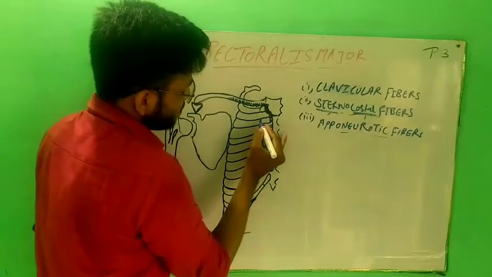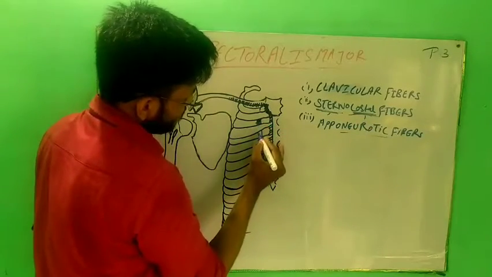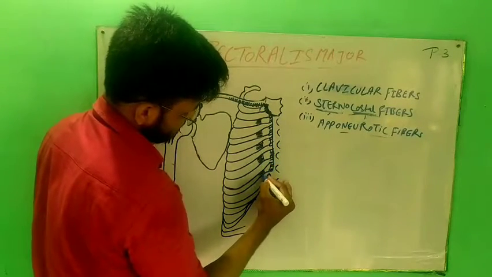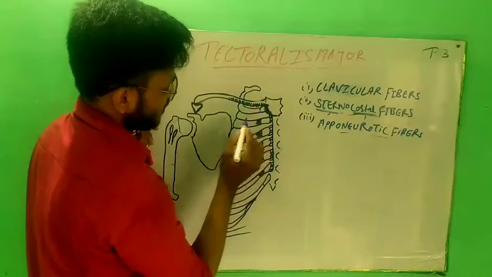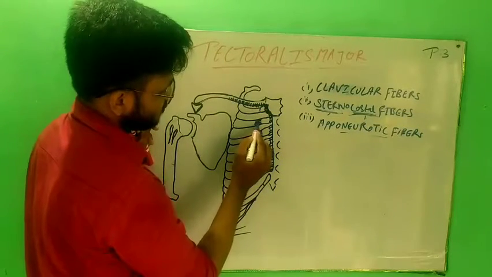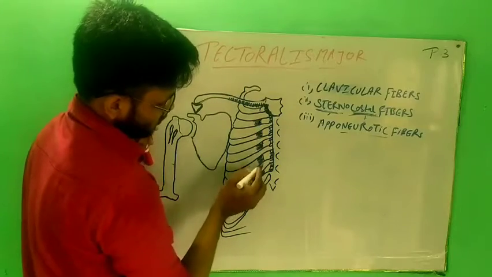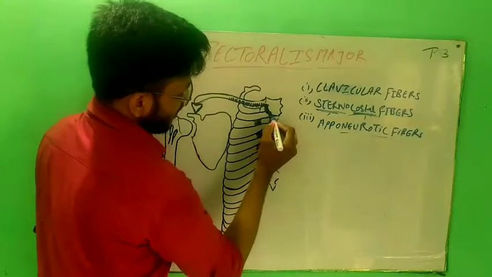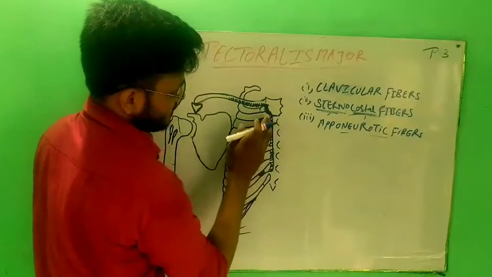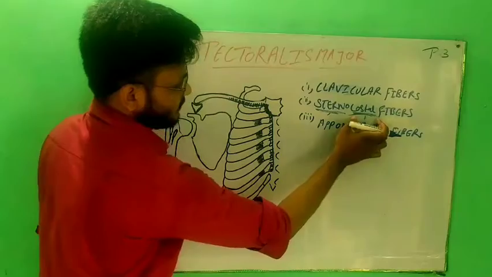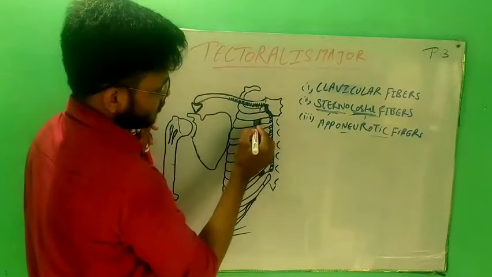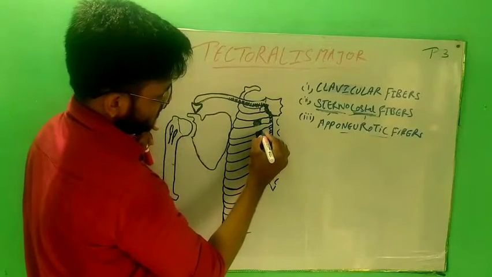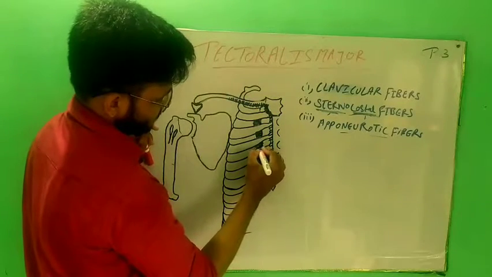Costal means from the second, third, fourth, fifth, sixth costochondral junctions. The costal part arises from the second to sixth costochondral junctions of the costal, meaning ribs.